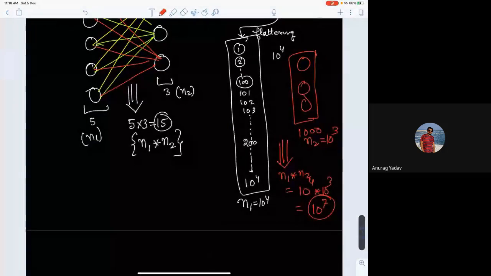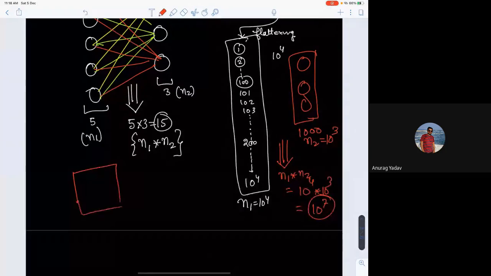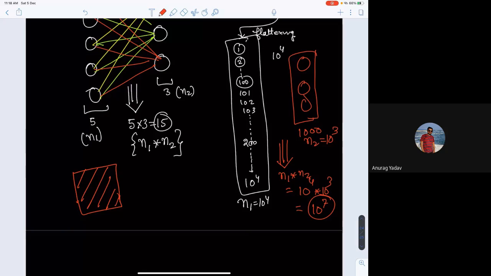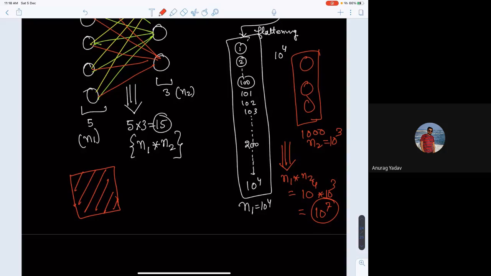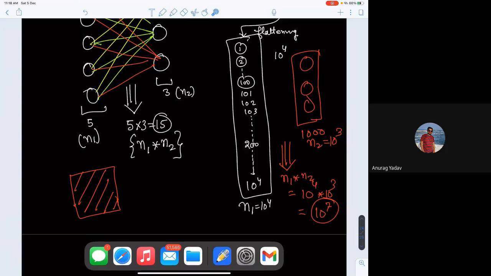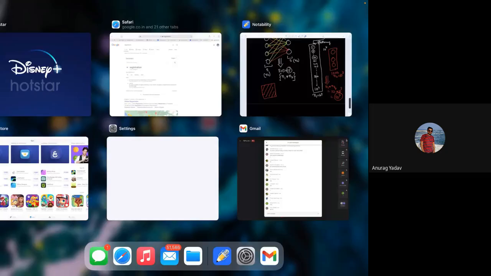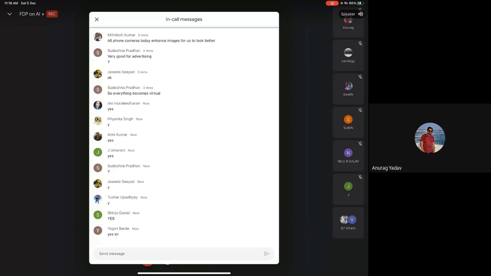But even for such a small image, how many parameters do you need to learn? It is a very big number: 10 to the power 7 things that you need to learn. If you wanted a fully connected or dense network, even for a small 100 by 100 image, the first layer itself is going to have 10 to the power 7 learnable parameters.